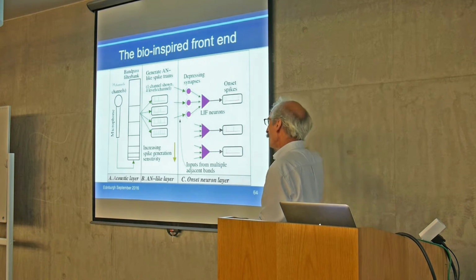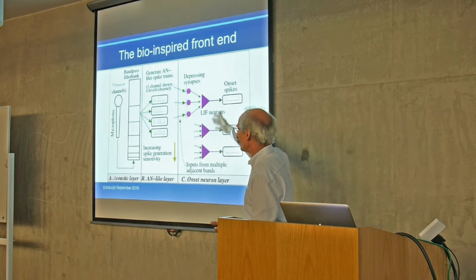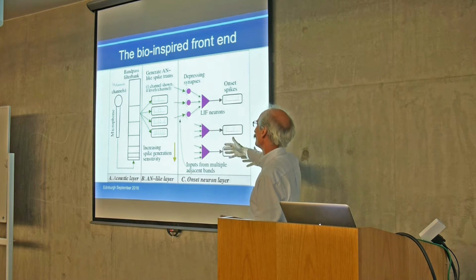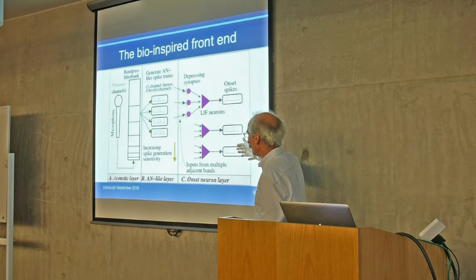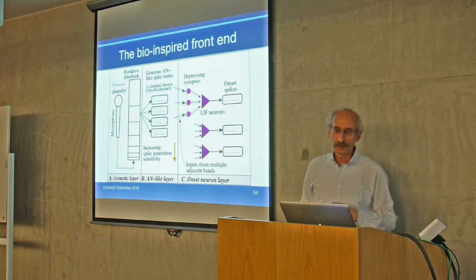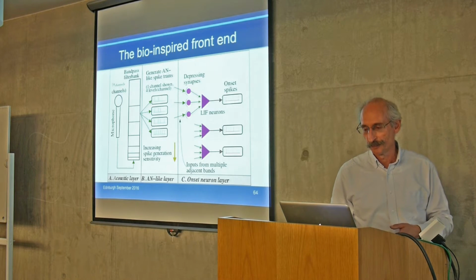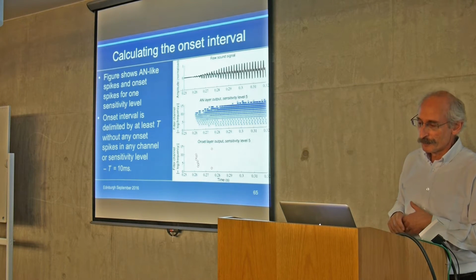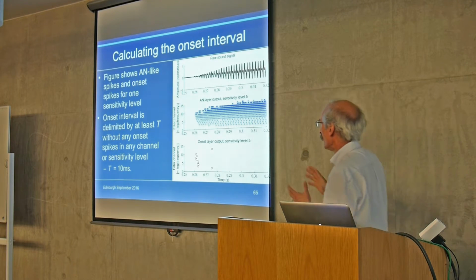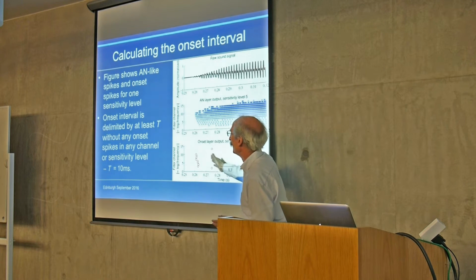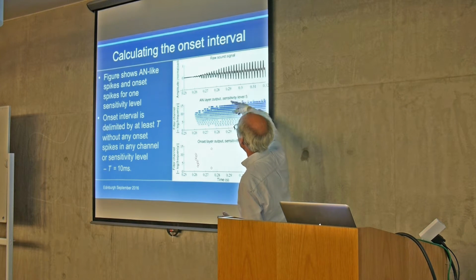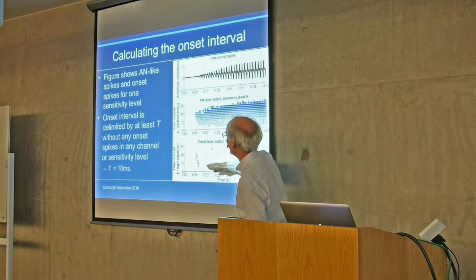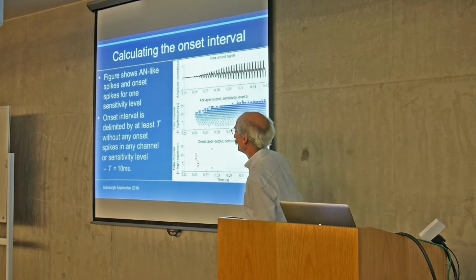We generate the onset, we find when the onset is, using these depressing synapses and leaking it into the amplifier neurons. We get onset spikes in each channel, and we use that to calculate when the onset is. And we can then identify the onset time here for this particular sound, and there's the raw sound signal up here. You can see this is picking up when the onset is.